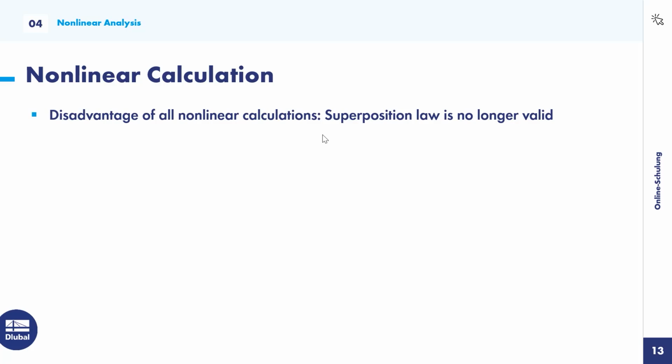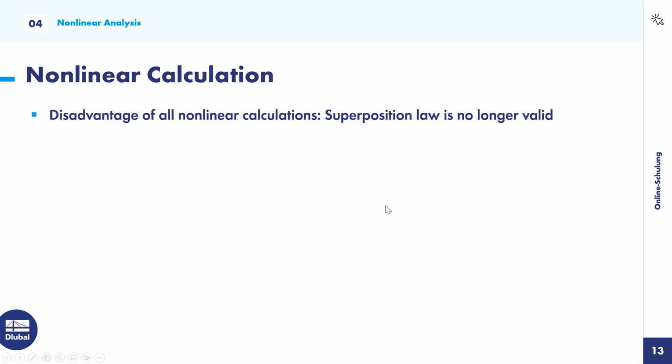You will get your moments and your shear forces as results, and then you will pick your next load case and calculate it independently. You will get your internal forces, and for achieving the final result, you will just add them, because why not? And that's right for linear systems.